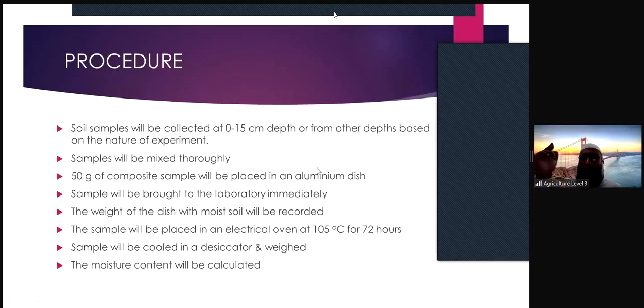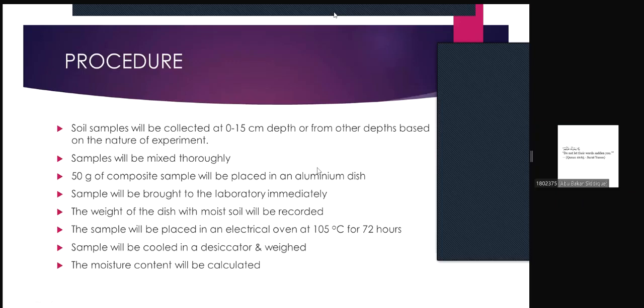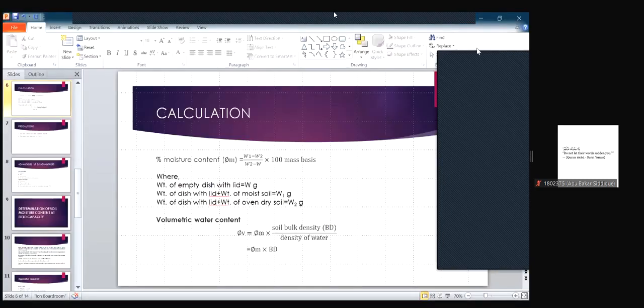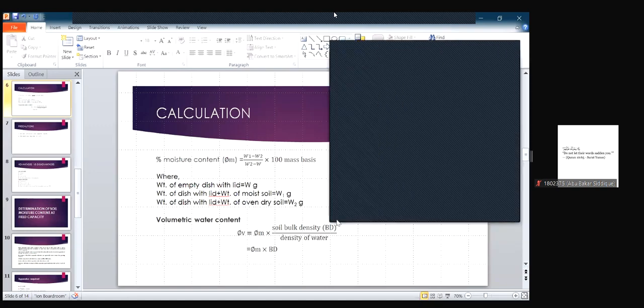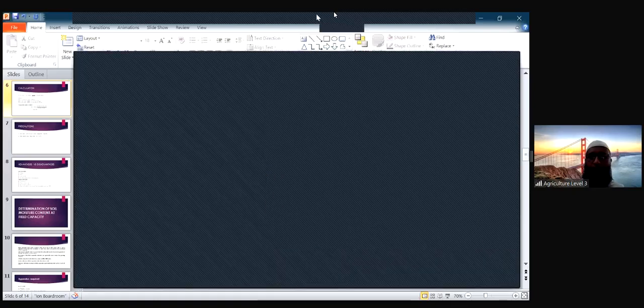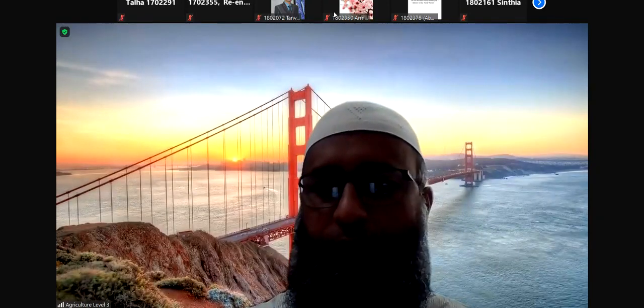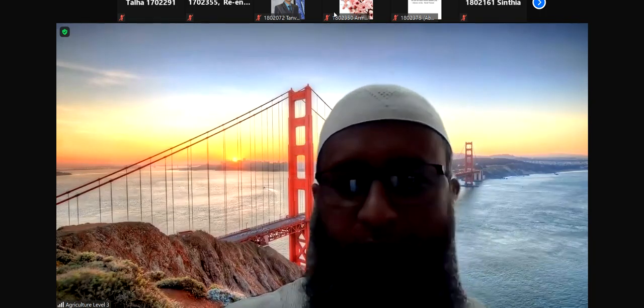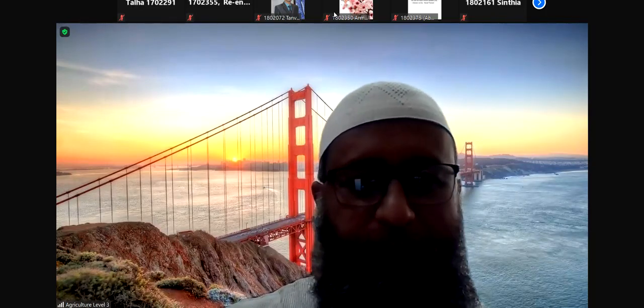Not a simple goal. Say you want to see determination of... Anyone else want to add any experiment?